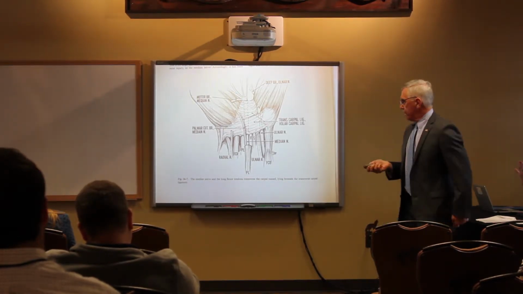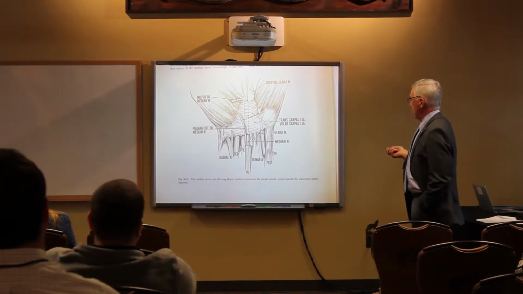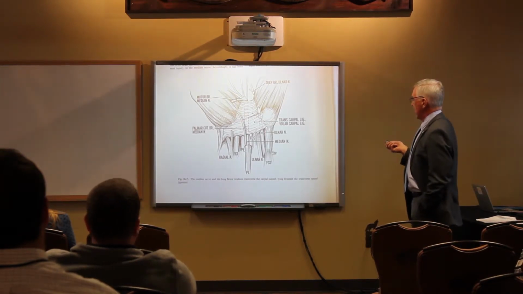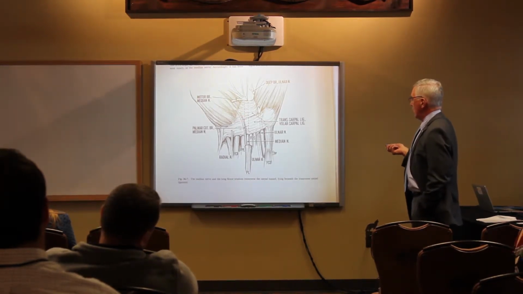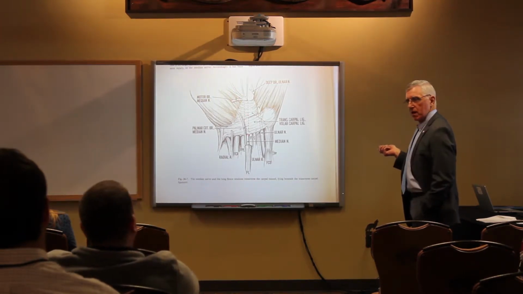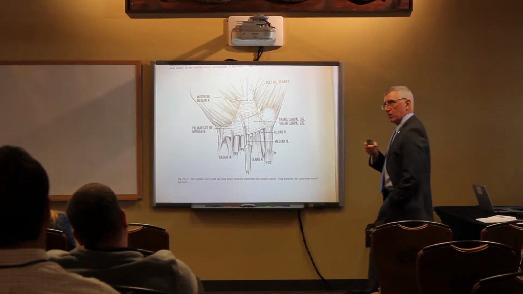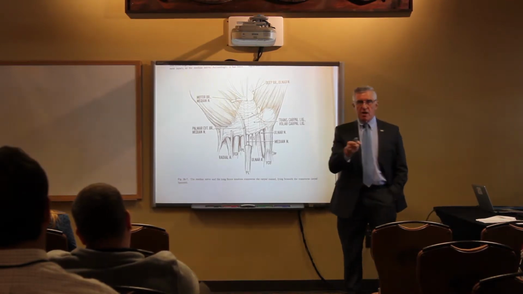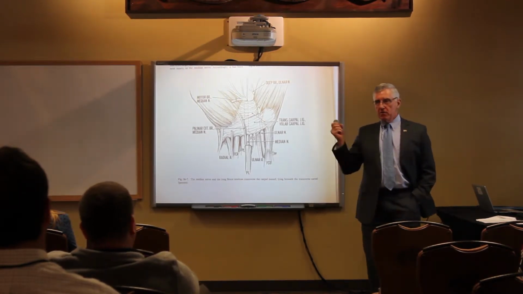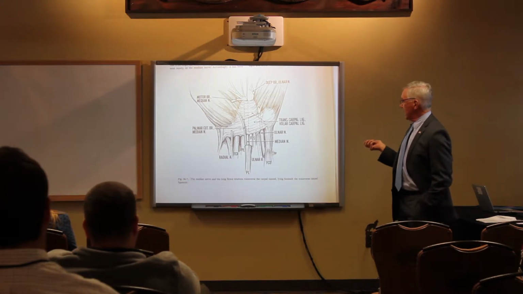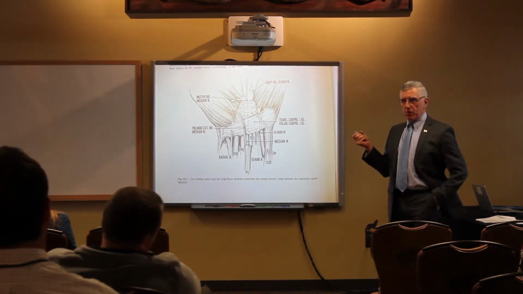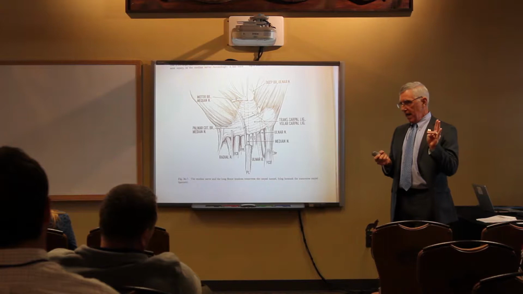There was a paper out a few years ago that suggested that since this is actually the same structure, by relieving this transverse carpal ligament, you relieve any pressure on this. So it's not at all uncommon when patients come in with carpal tunnel and saying that their entire hand is numb, that you release the carpal tunnel and the sensation returns to the little finger and the ring finger.